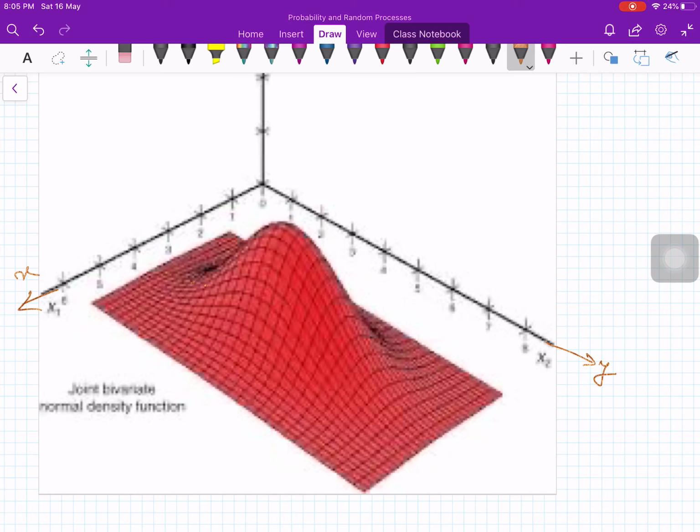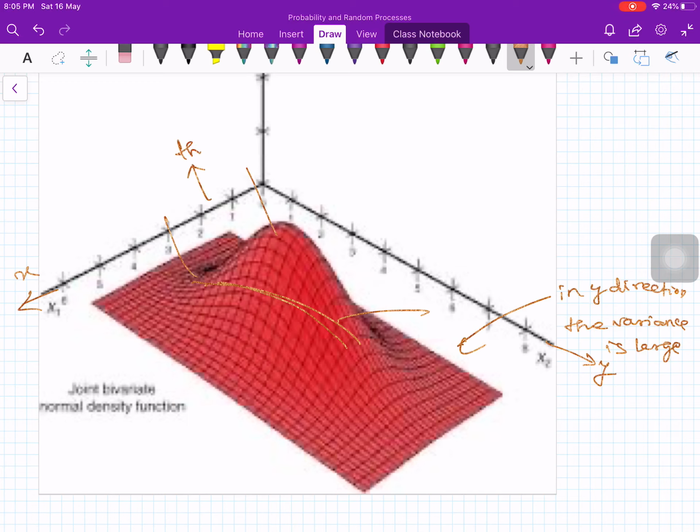Now in one direction it is more spread out. In the y direction the variance is large, but in the x direction the variance is small. Therefore here sigma y is greater than sigma x, and sigma x is not equal to sigma y. This is one case.